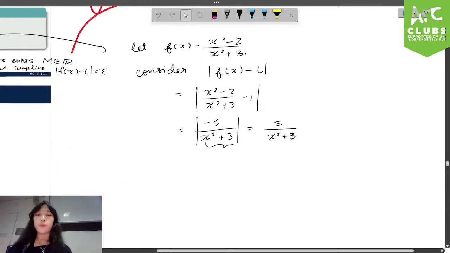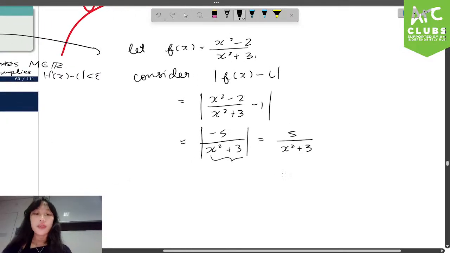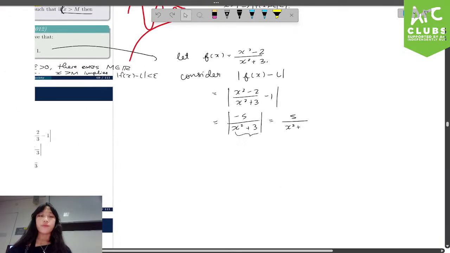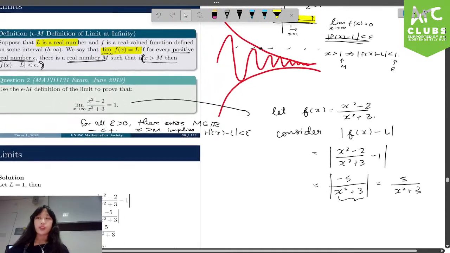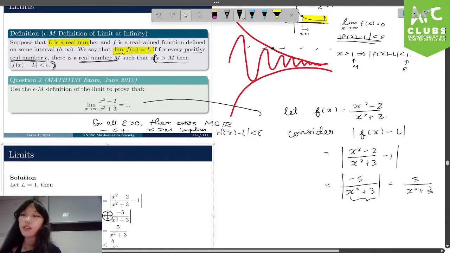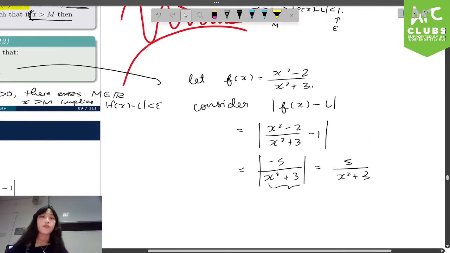Essentially, what we want to do is get this into some form of equation, because remember that the outcome we're working with is that the absolute value of f of x minus L is less than an epsilon value. So we want to find some kind of epsilon value in terms of x that it's less than.